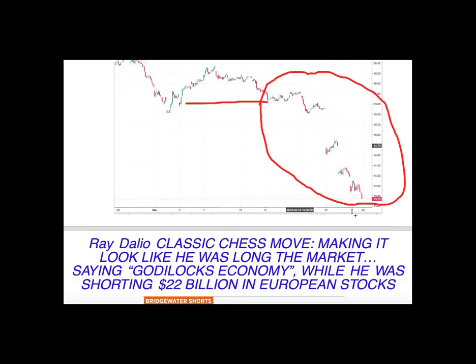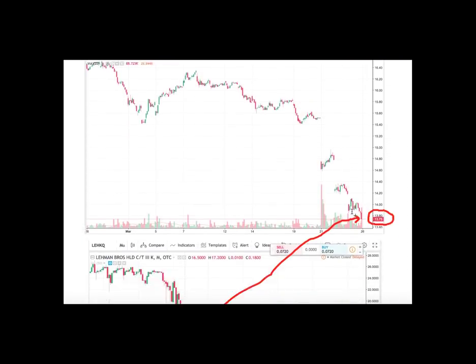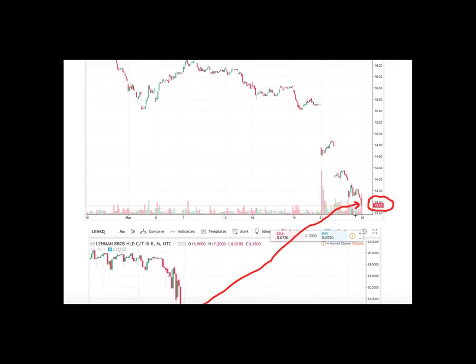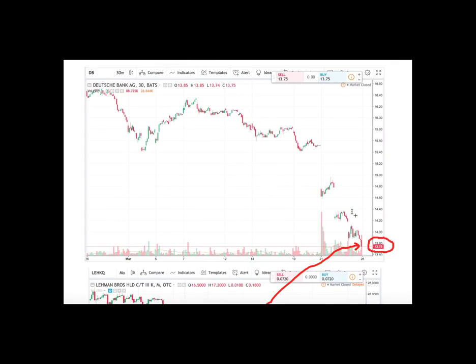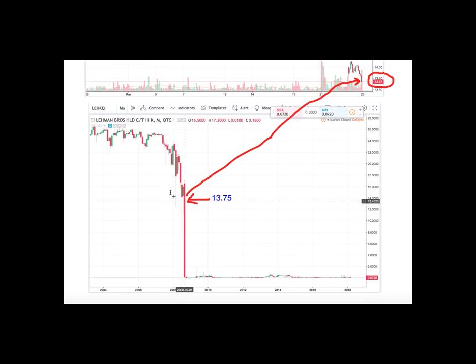I actually compared this graph later with the graph of the fall of Lehman Brothers in 2007-2008. If you look at the closing price of Deutsche Bank at 13.75 on Friday, March 23rd, it could be compared to the closing price of Lehman Brothers in 2008, right before it completely collapsed to a near zero level.